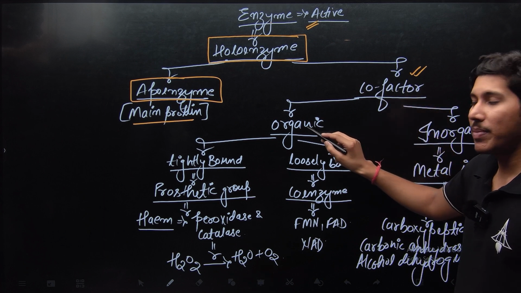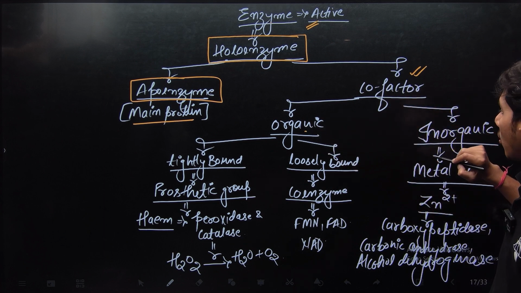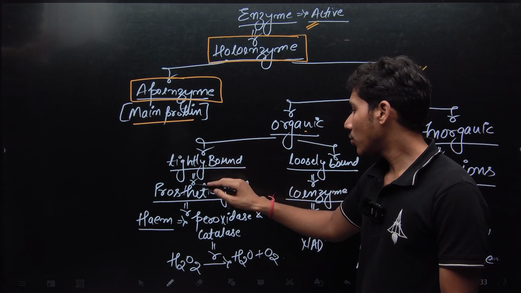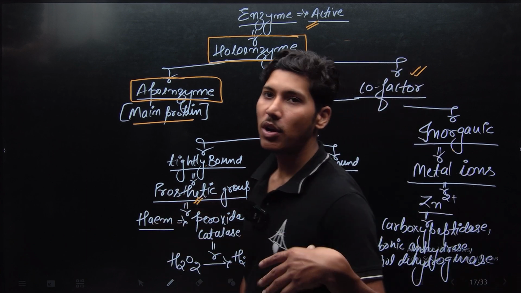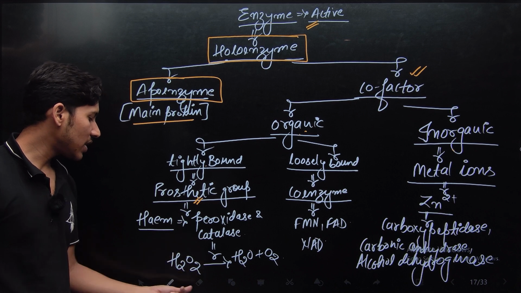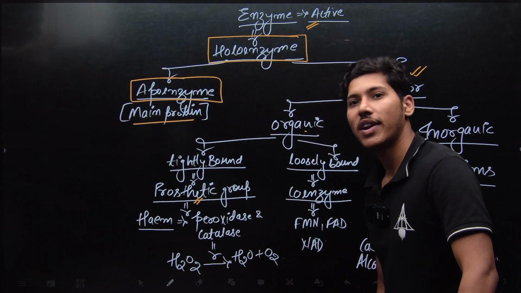That cofactor can be an organic compound, or an inorganic compound. If it is organic and tightly bound to the enzyme, it is known as a prosthetic group. An example is heme, present in peroxidase and catalase enzymes, which break down hydrogen peroxide into water and oxygen, because peroxides are not good for our health.